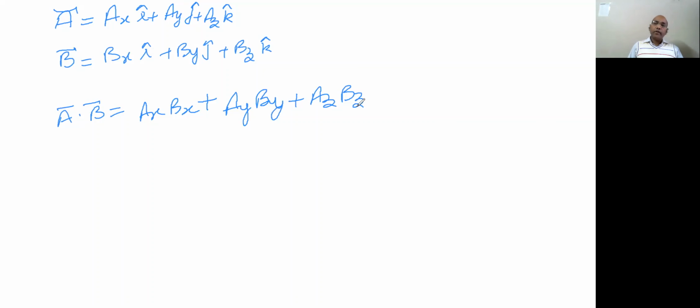Moreover, one last thing in this topic, the dot product. Okay. Suppose we have vector A represented by OP, and we have another vector B, with angle theta between them.